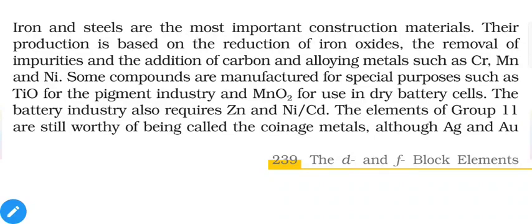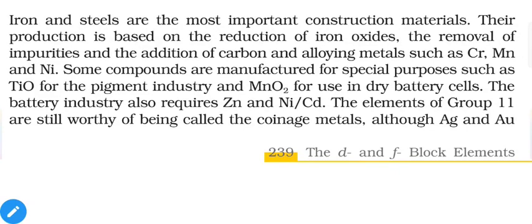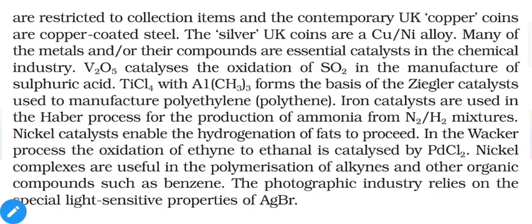The elements of group 11 are still worthy of being called the coinage metals because they were used in coins. Although gold and silver are restricted to collection items and the contemporary UK copper coins are copper-coated steel. The silver UK coins are a copper-nickel alloy.